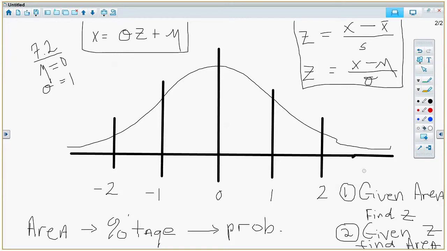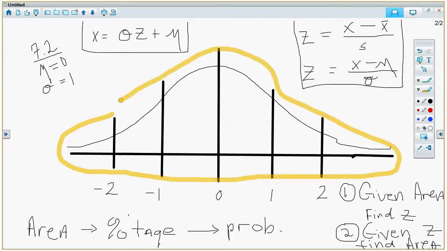So, make yourself a sheet that has this right here. Notice I didn't put the numbers. Those are going to change when you get into the second part of 7.2. So you don't want to put -2, -1, 0, 1, and 2 on all your drawings. Just leave that blank.